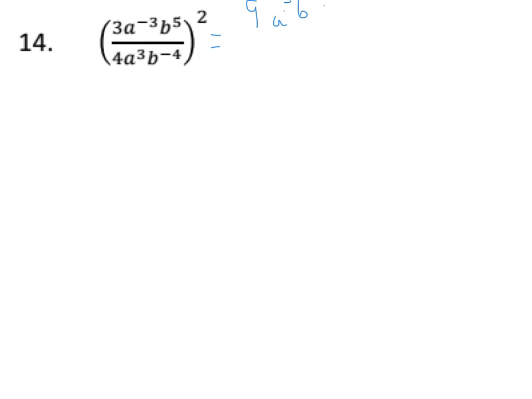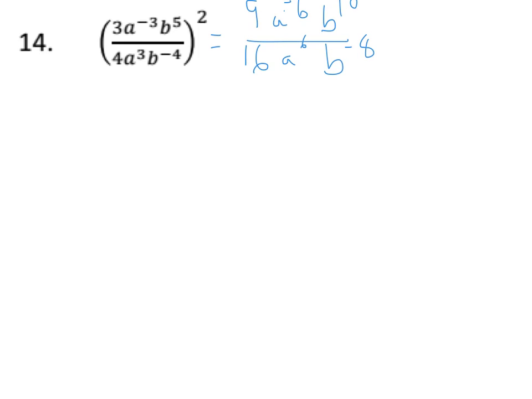And then that's going to give me b to the 10th. And then downstairs I'm going to have 4 squared, which is 16. I'm going to have, let's see, 6 powers of a. And then I'm going to have negative 8 powers of b.